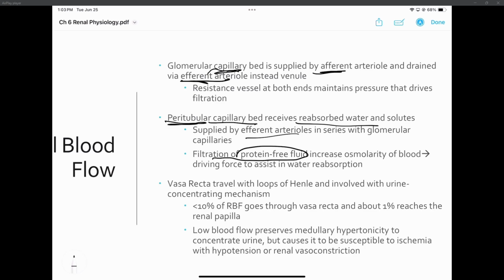Again, we don't want proteins in the kidneys. Keep the protein in the blood. And it helps with water reabsorption because we still have that oncotic pressure in the capillaries. It doesn't change. Oncotic pressure, remember, is the suck. If we're sucking water back in, it's a reabsorption of water.